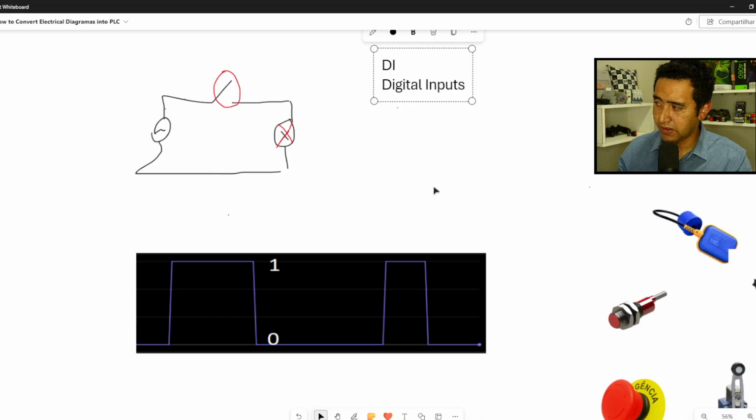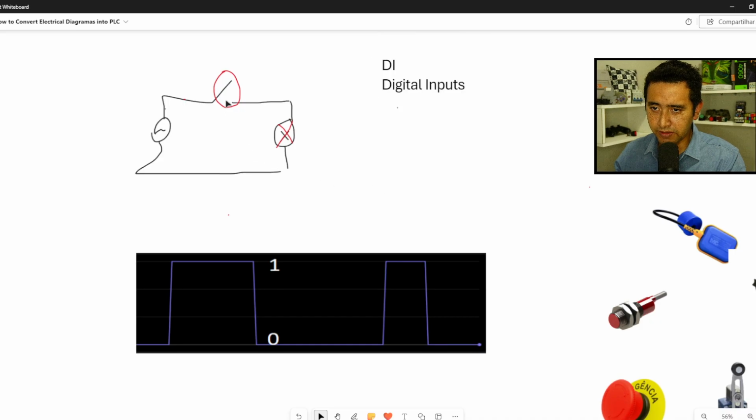It's very simple to explain with this circuit here. Think about a simple circuit with a source here. It's a symbol for AC, but it can be a DC source here. Then we have a lamp, a simple lamp, and we have a switch. When I come here and close the switch, what happens? It's very simple. My lamp turns on.